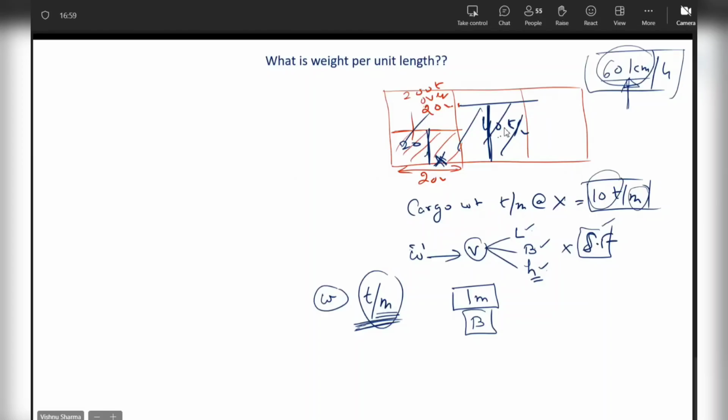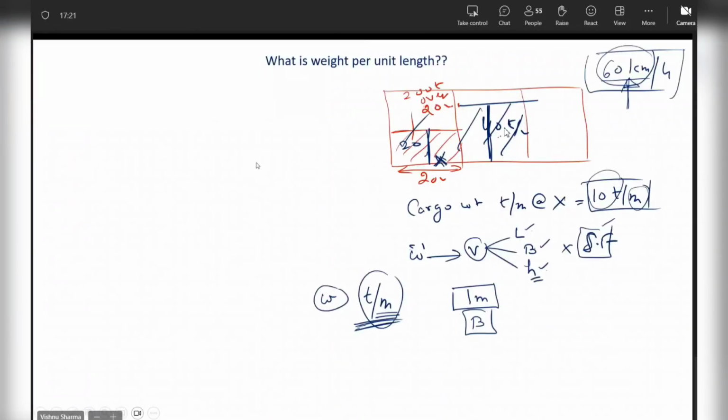Same vessel, same breadth. Okay, then length, if I take the same length for both, length is the same. Then what is it that is different between the two compartments? Do you agree that the parameter which is changing is the height of the cargo? Yes, sir. Only height changes.